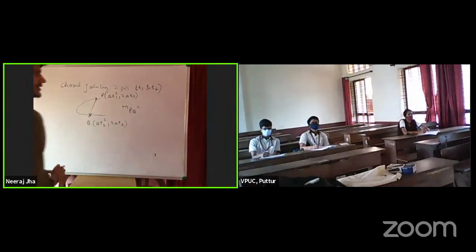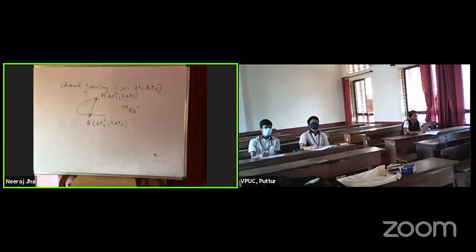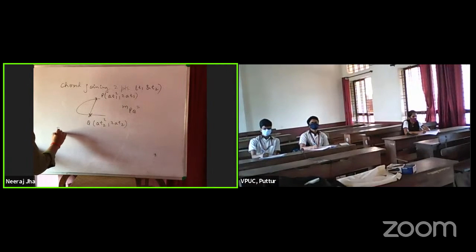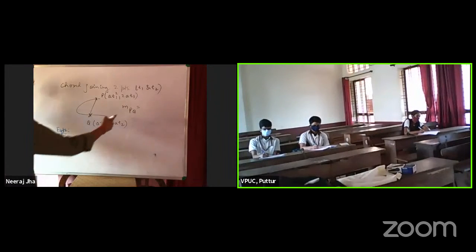Can you find the slope of PQ? Please find the slope of PQ. Do it by yourself, and then we will write the equation of PQ. After that I will write the equation. Let us find the slope.